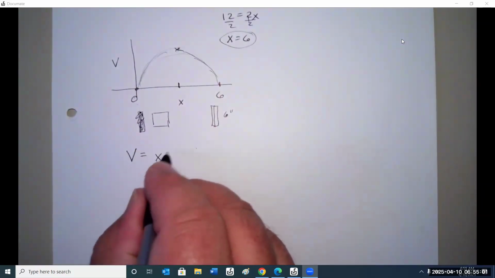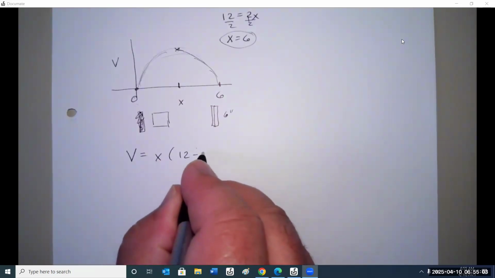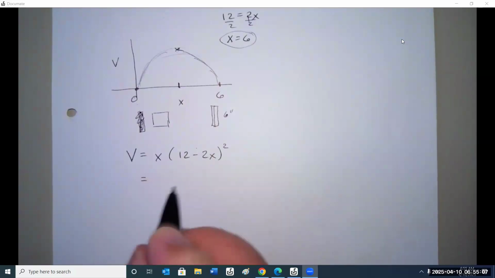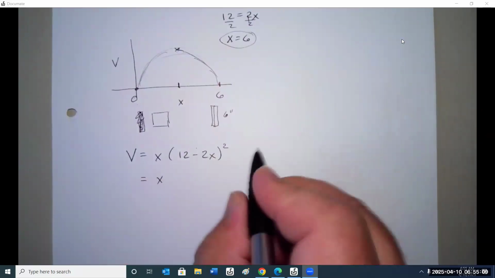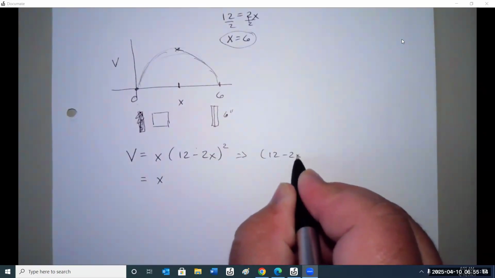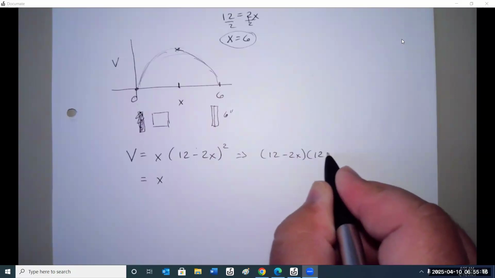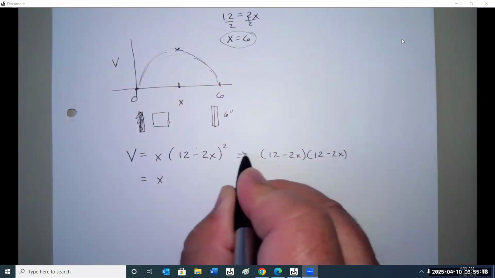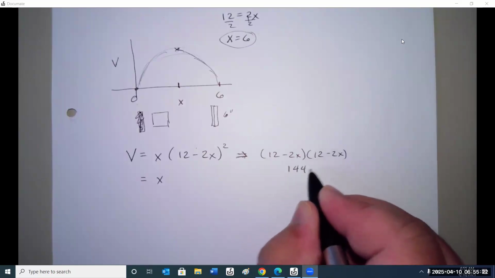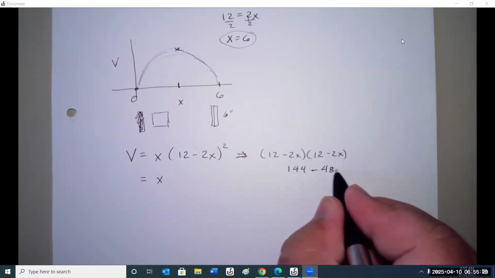So let's figure out how to solve this. We first have to do 12 minus 2x times 12 minus 2x. We have to FOIL that. 12 times 12 is 144. Negative 24 minus 24 is negative 48x.